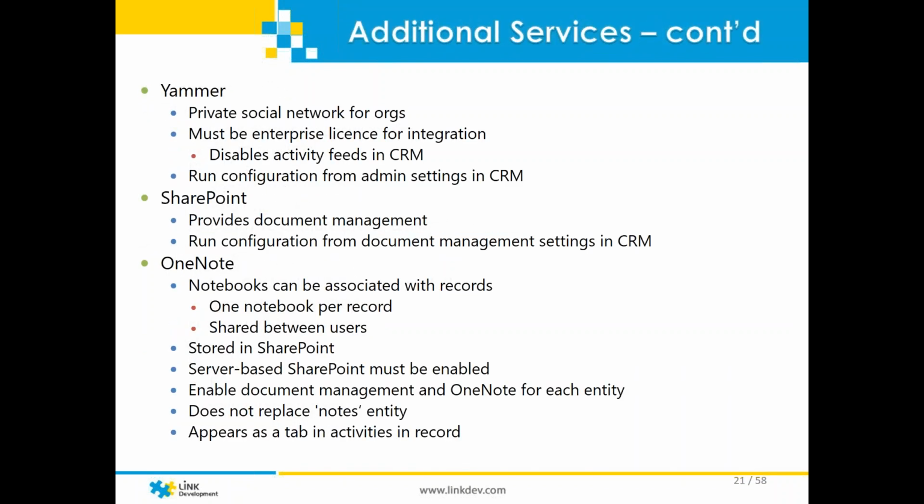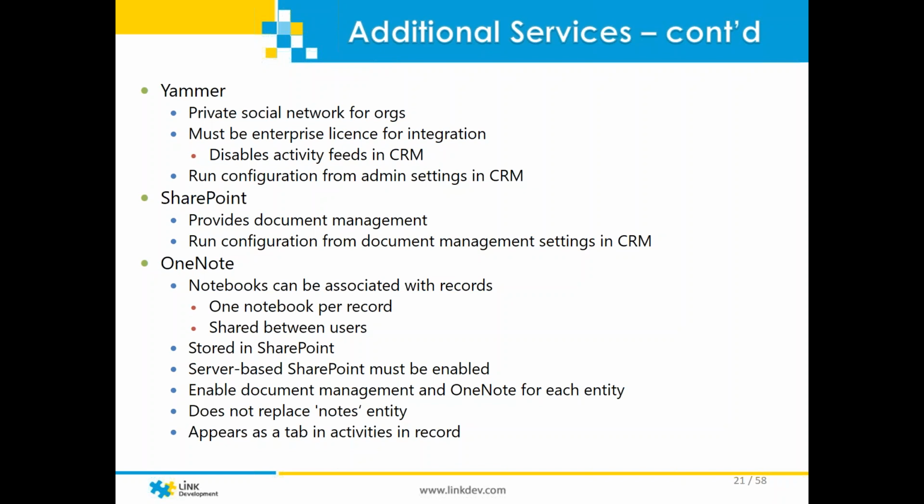Yammer is like a private social network, something like Twitter but for enterprise users. When you enable Yammer, it disables the activity feeds in CRM. If you have noticed, there's something called posts in each record. It removes that and replaces it with Yammer.